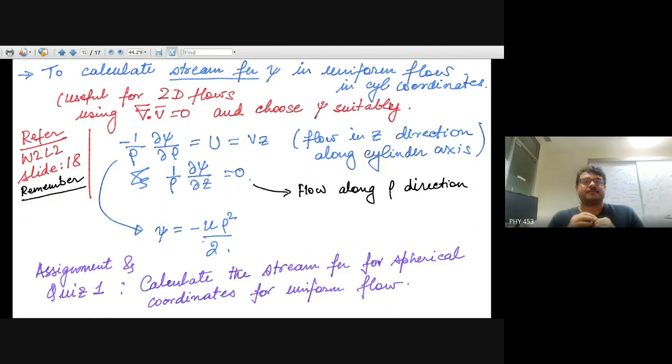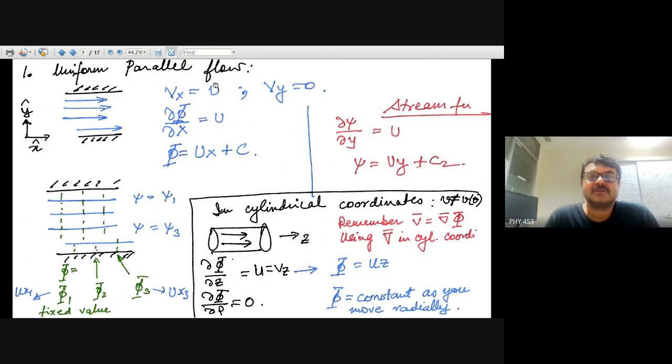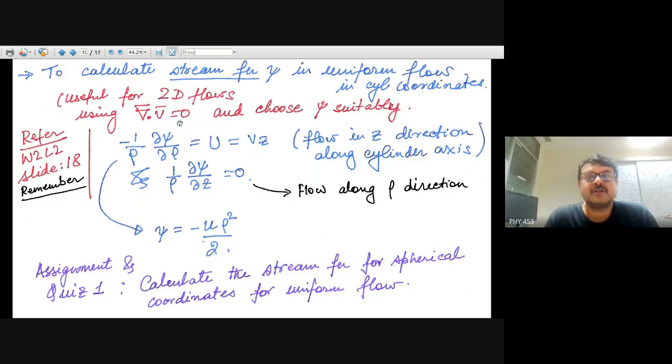Now you can also calculate, just for comparison, not to confuse with potential flow, the stream function psi in uniform flow in cylindrical coordinates, right? And that's useful only for 2D flows, just reminding you. If you have forgotten, please refer to week 2, lecture 2, slide number 18.